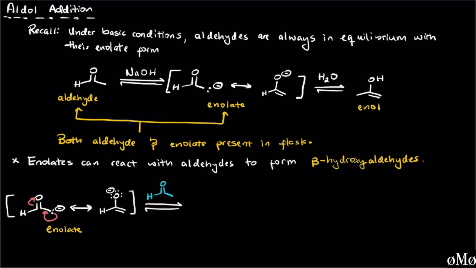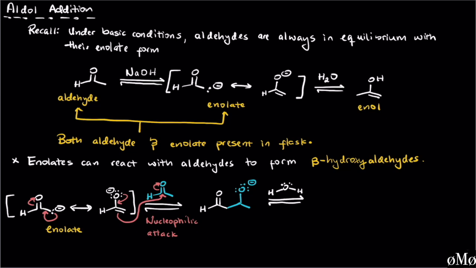Because your enolate is nucleophilic at this carbon and your aldehyde is electrophilic at this carbonyl carbon, your enolate can attack your aldehyde, which should end up giving you a molecule that looks like this. That developed alkoxide can then get protonated by water in the flask to form this particular product.